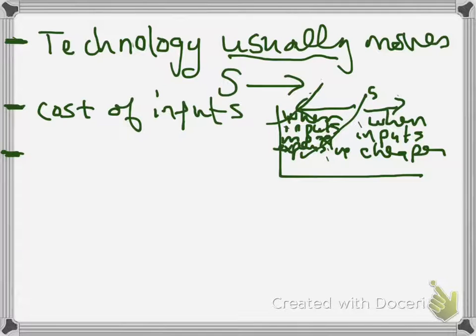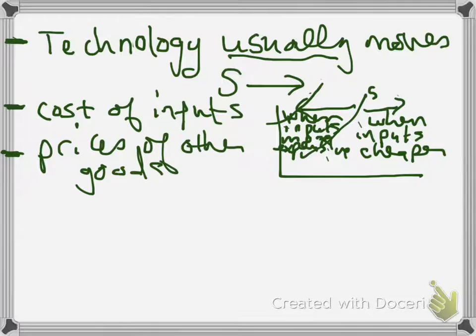Okay, let's see. Besides the cost of inputs, what about the prices of other goods in production? So these would be related goods. So instead of other, I could say of related goods. So you could put the word related.